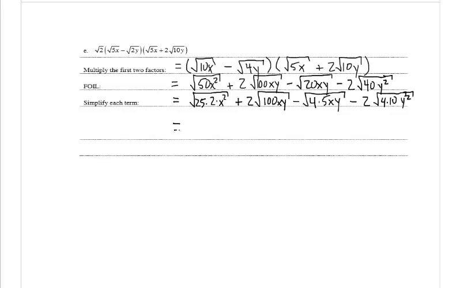And now we're going to take all the perfect squares out of the radicals. So we have the square root of 25x squared can be written as 5x times the square root of 2 plus the square root of 100 is 10. 10 times 2 is 20 times the square root of xy minus, we have the square root of 4 is 2 times the square root of 5xy minus the square root of 4y squared can be written as 2y times 2 gives us 4y times the square root of 10.